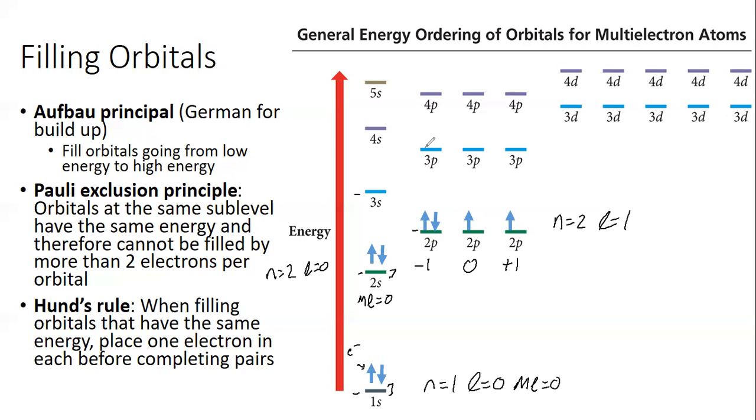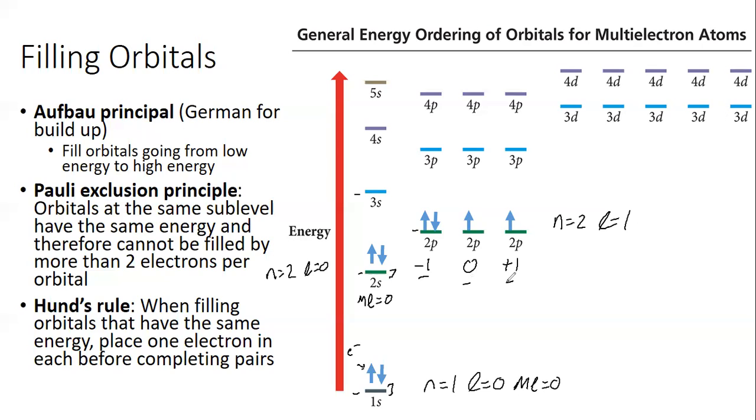And our next is the Pauli exclusion principle. Basically what we just talked about on the previous slide: for every m_l value, you can only have 2 electrons.